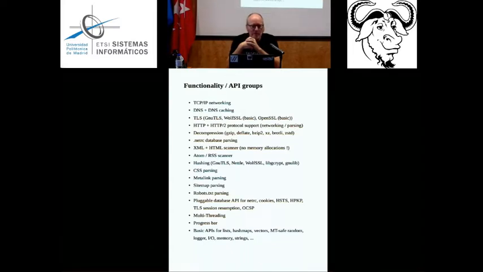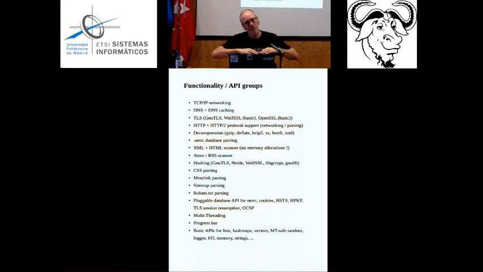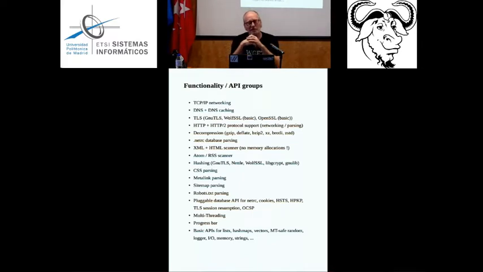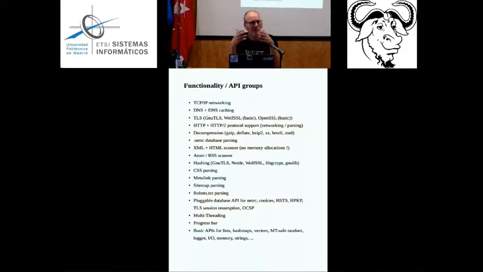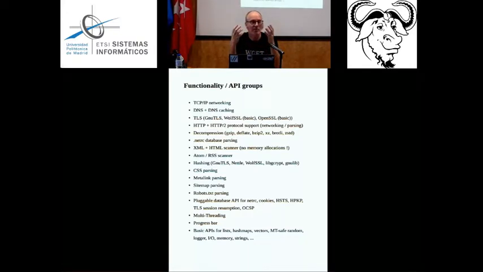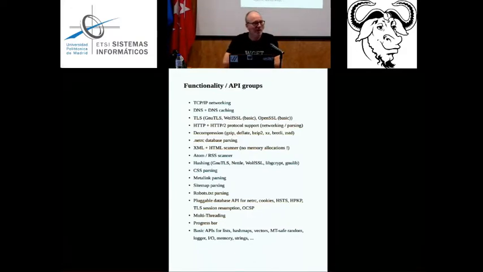We have an XML scanner. Well, the low-level part is a tokenizer. The next one is a scanner, which is more or less a callback function. And it's not a parser that gives you something like a document object model fully parsed in memory.